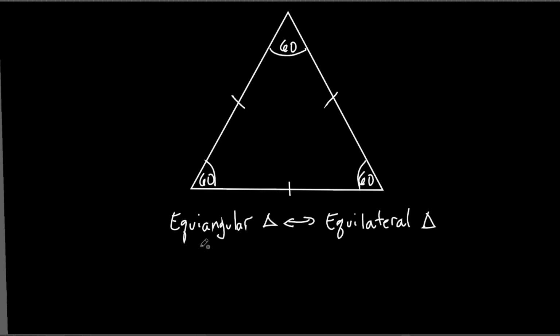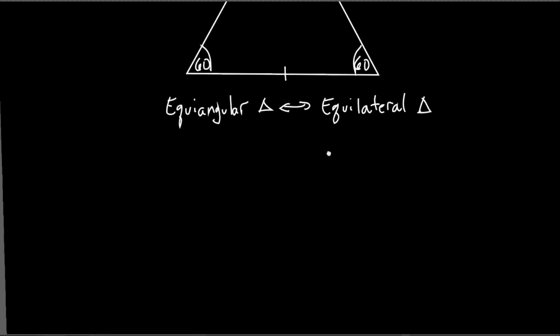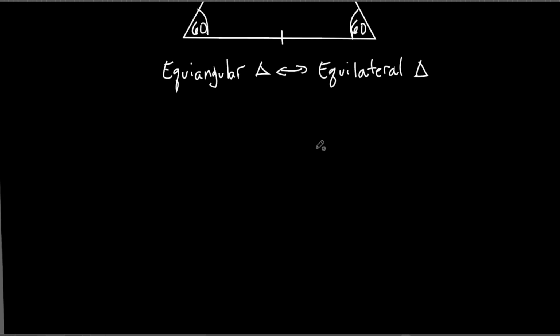If it's equiangular, then it's equilateral. And if it's equilateral, then it's equiangular. Instead of writing all that, we just put arrows on both ends, and that's exactly what it means. We okay with that? That should be enough information to do what we are going to do in this lesson.